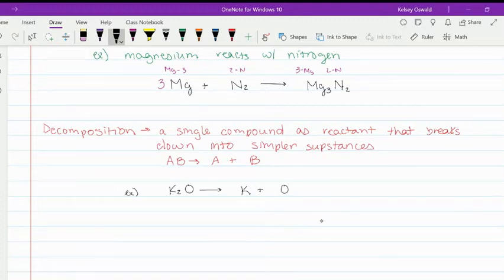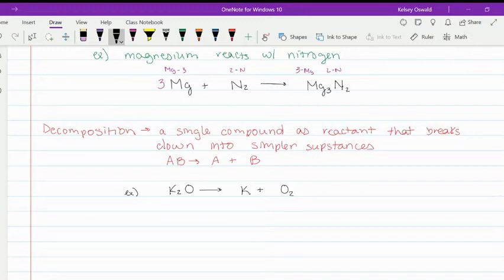And we know oxygen's diatomic, so when it's by itself, it's going to be O2. Again, notice how we do not just carry over the subscripts. We need to think, what is potassium by itself? It's just K. What is oxygen by itself? That's our O2. Okay, so we have a compound breaking down into something simpler.